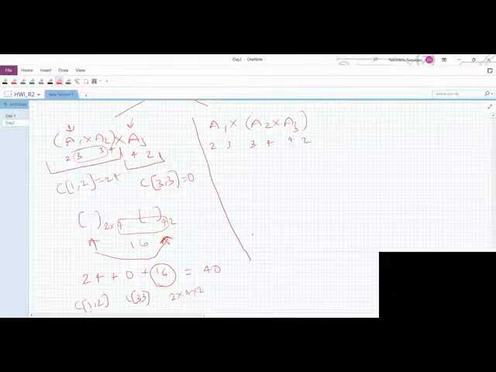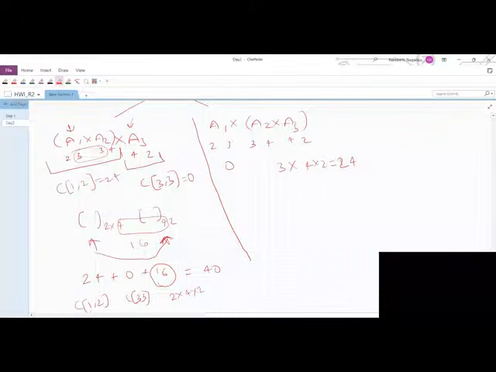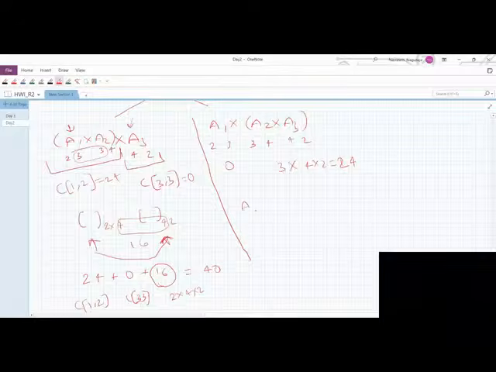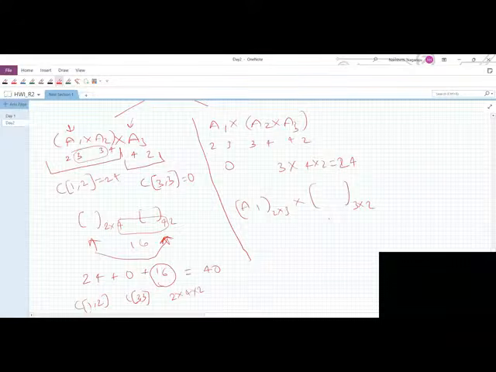And quickly for the second one. For the second one, the number of operations required are 0. Here 3 into 4 operations are required. And A1 with the resultant matrix that we got, which is 3 cross 2. So we need 2 into 3 into 2 operations.